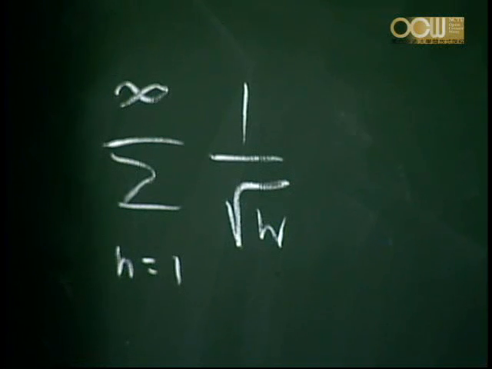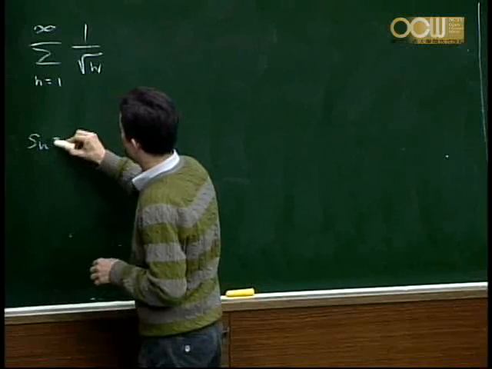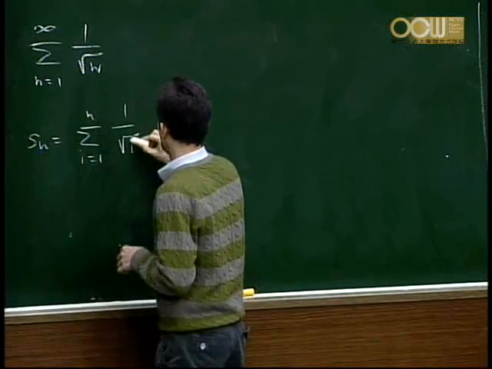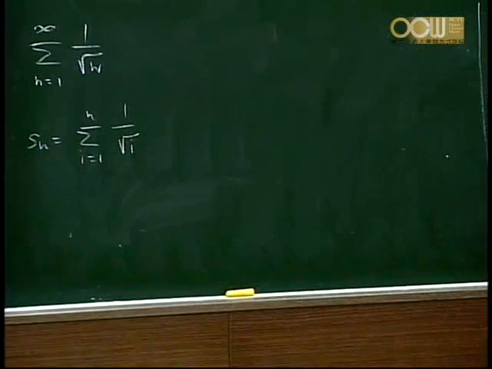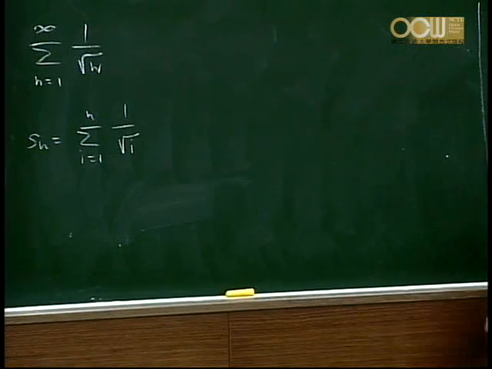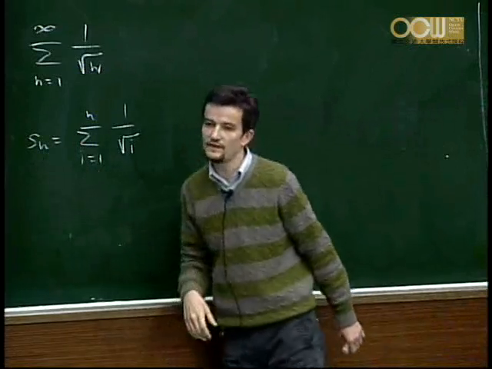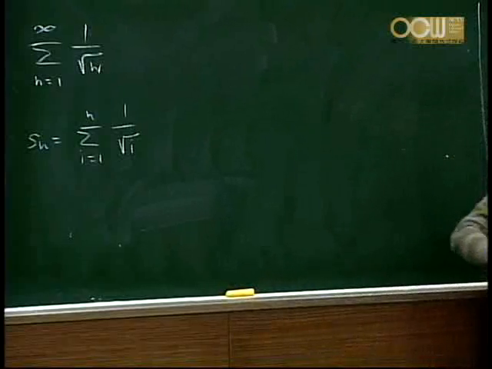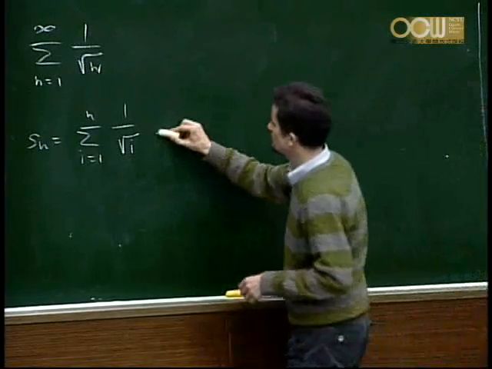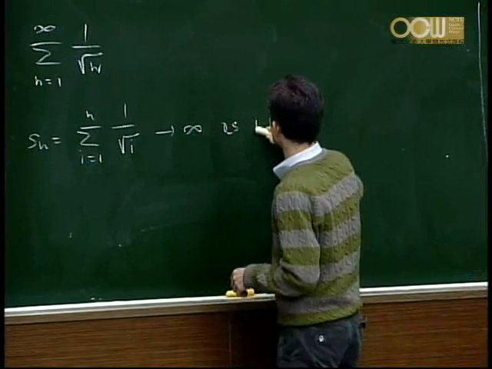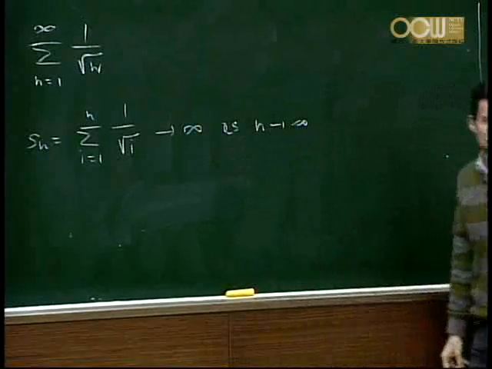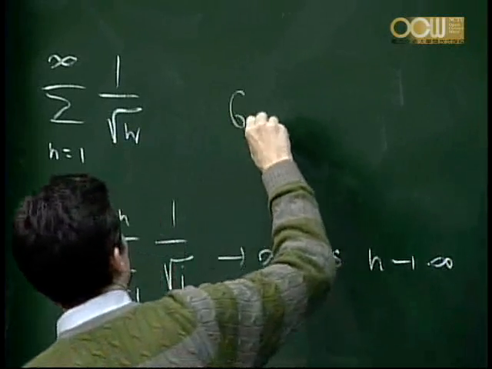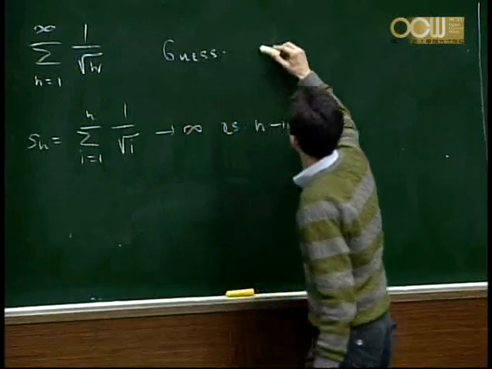For this series, if you again start by doing some computations, looking at the partial sums, you choose some values for n, you plug in and sum this up, and you make n larger and larger, you will see that this seems to tend to infinity as n tends to infinity. So your guess is that this series is divergent.